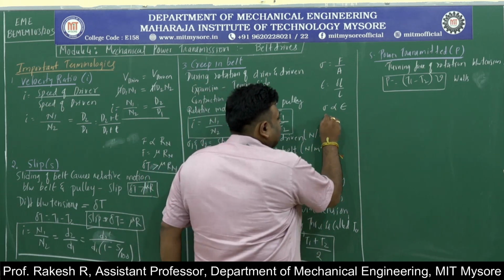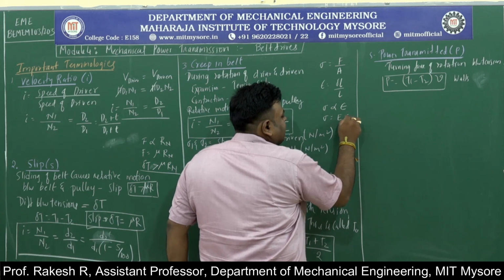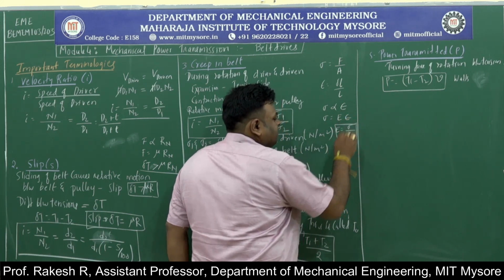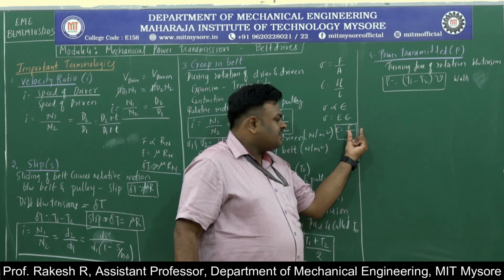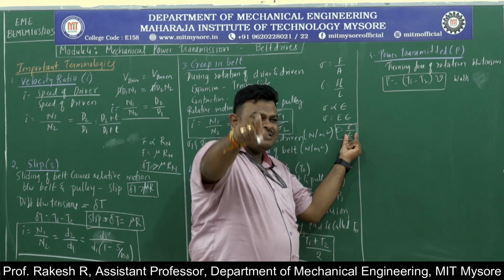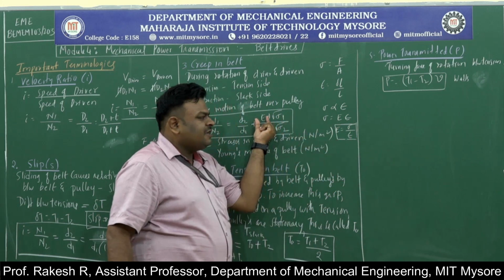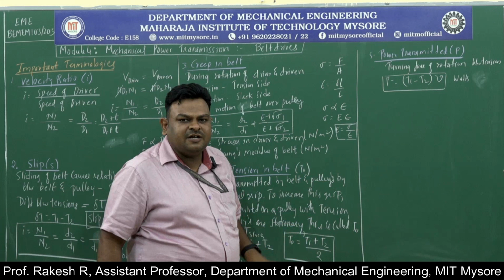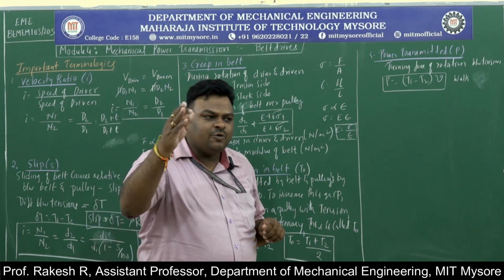When we take the proportionality constant outside, we get E. So E is sigma by epsilon, where sigma is stress, epsilon is strain, and E is Young's modulus. Here we are using Young's modulus of the material, which is constant. For steel, it is 210 gigapascal.